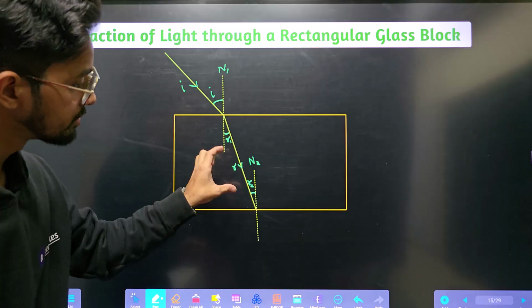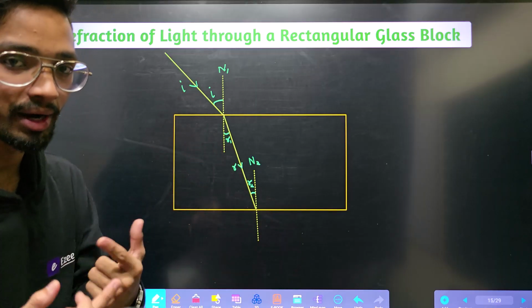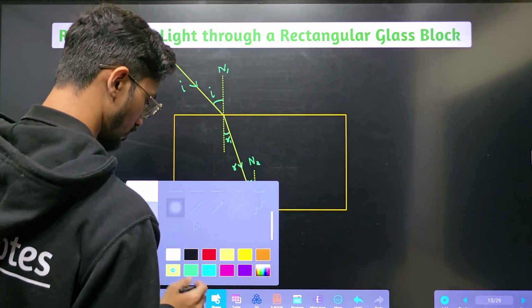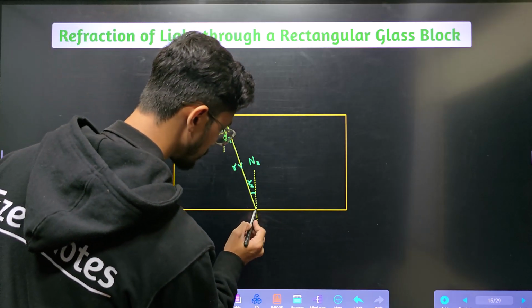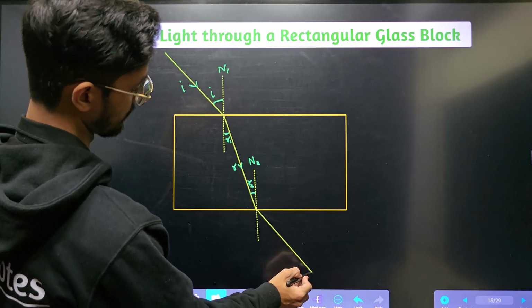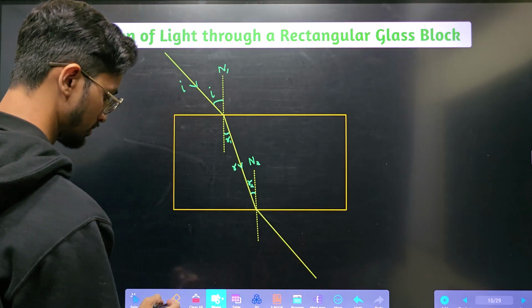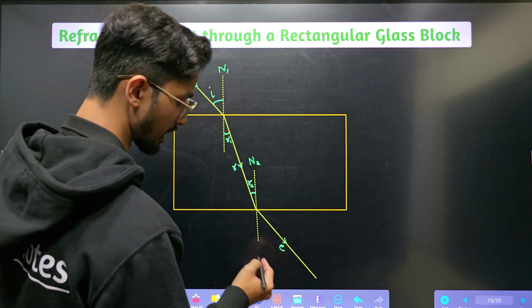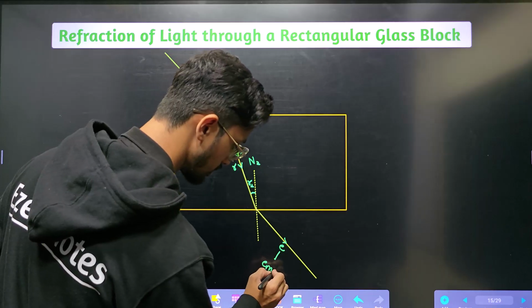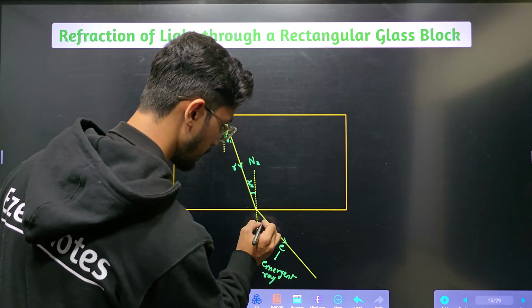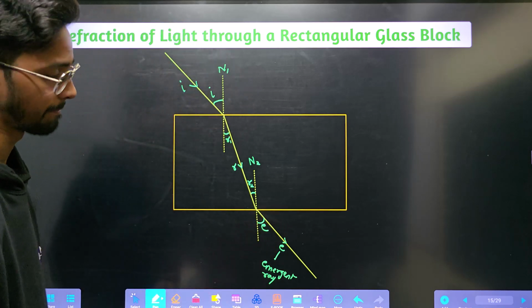Now if it passes from denser to rarer, it will bend away from the normal. This is called E, the angle of emergence, and this is the emergent ray.